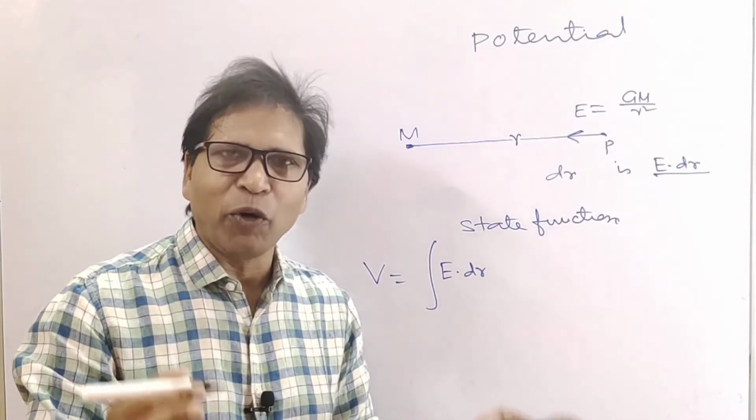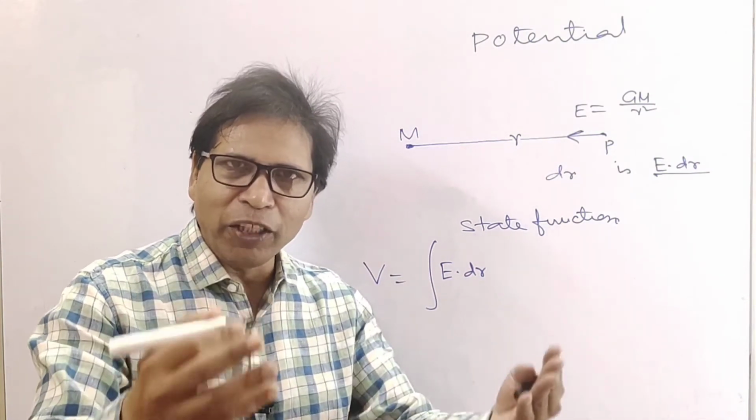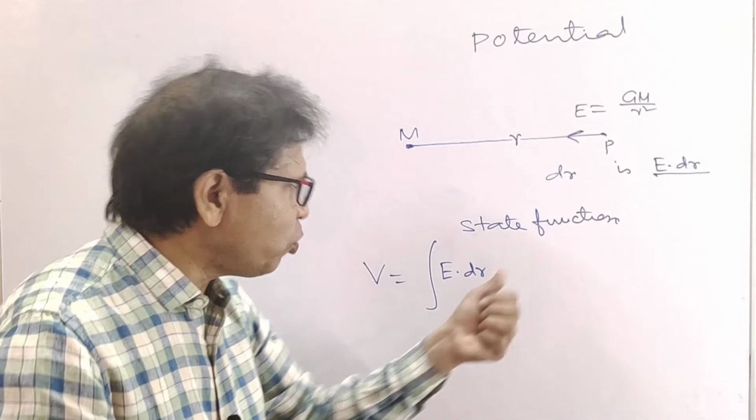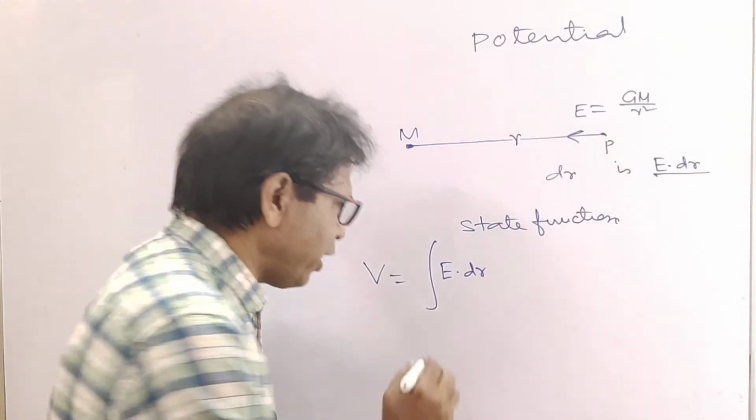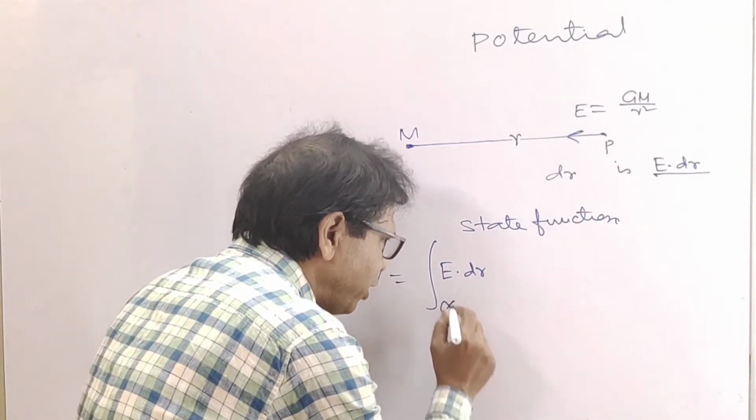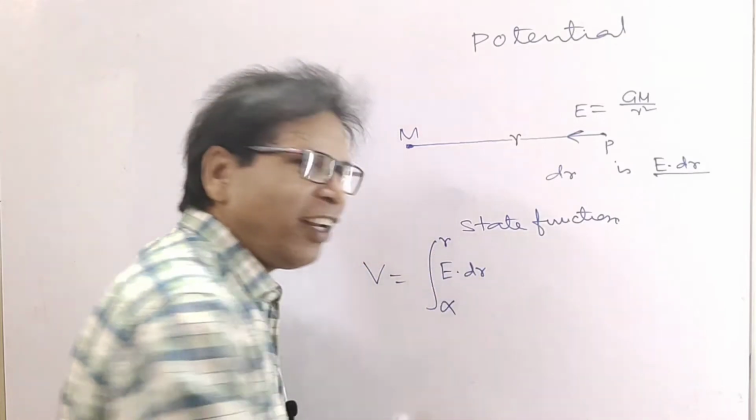As potential is the work done to bring the unit mass from infinity to the point P, that is R, the limit of integration is infinity to R.